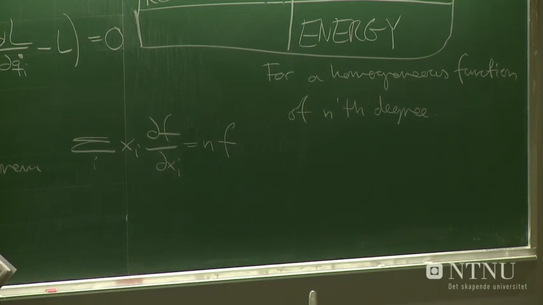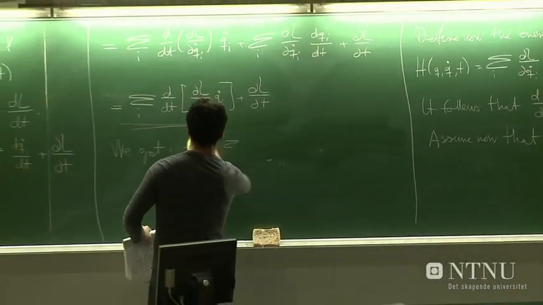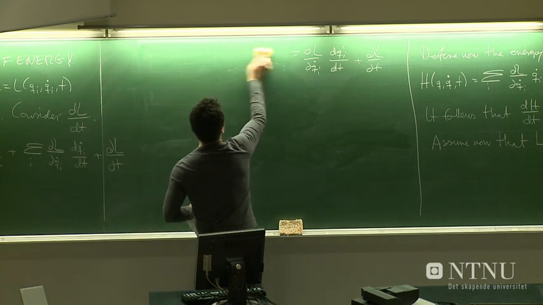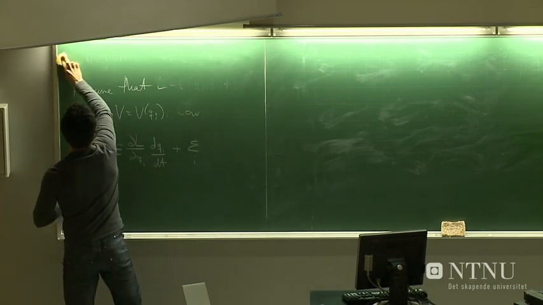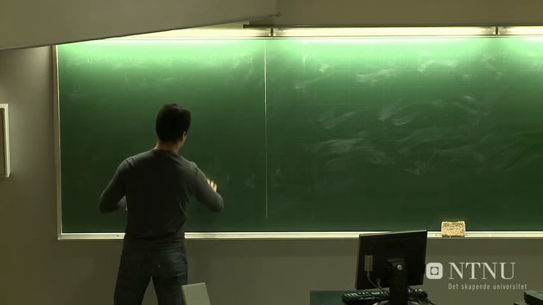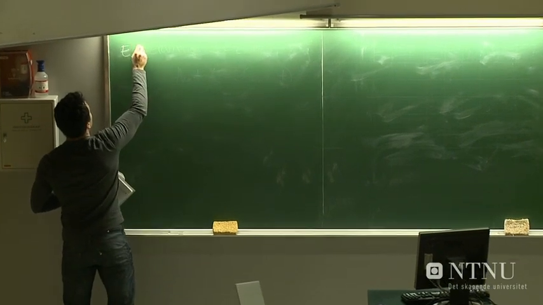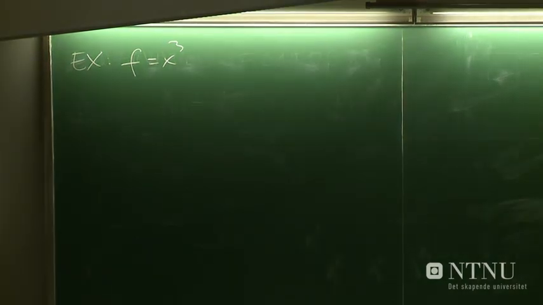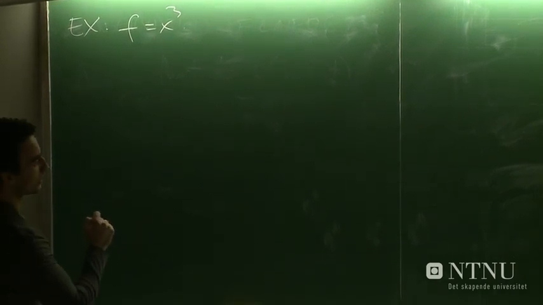And what do I mean by this? Well, let's just take a trivial example. Let's assume that f is x raised to the power of 3. So it's a homogeneous function of the third degree. Let's see if Euler's theorem holds.